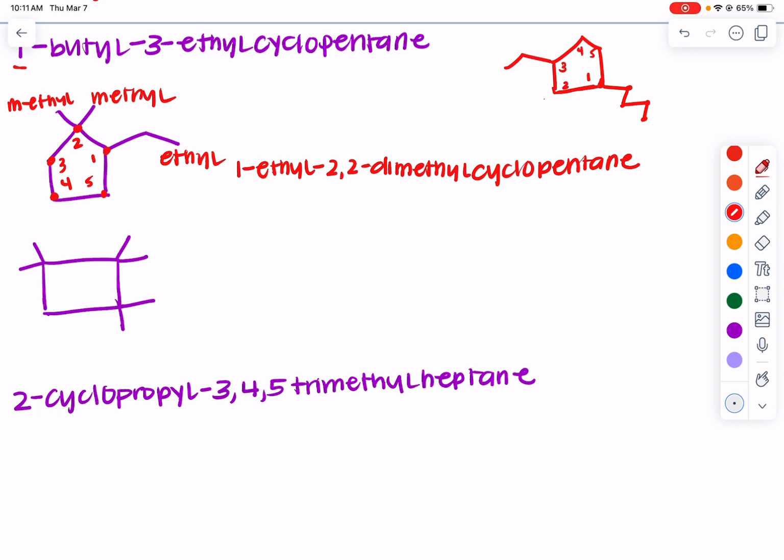Here, it looks like a very complicated one, but our ring has 4 carbons. So we have a cyclobutane, and it looks like we have 1, 2, 3, 4, 5, 6 methyl groups.